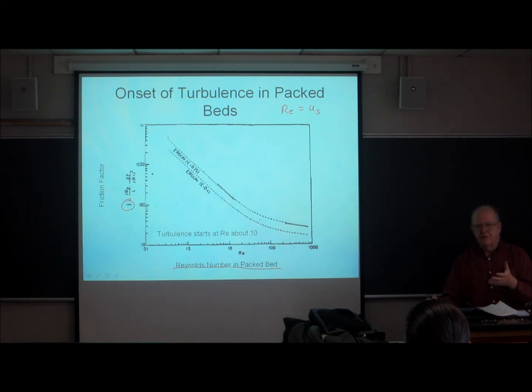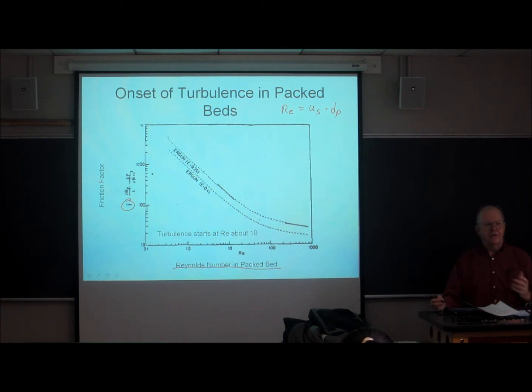Now this is a linear velocity. This has units of length per unit time. It's based upon the diameter of the particles packed in the bed. If the particles are spheres, this is easy. If the particles are cylinders or cubes or stars or whatever, it gets a little bit nastier.